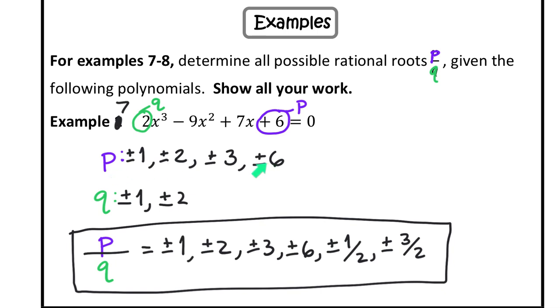Then I figured out the different ways that I can multiply. What are the factors of 6 and what are the factors of 2? Then we divided. We found all the possible ways to divide. So we ended up with 1, 2, 3, 4, 5, 6, times 2, because we're considering positive and negative, so we have 12 options here.